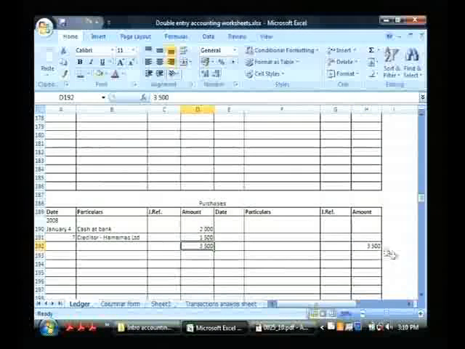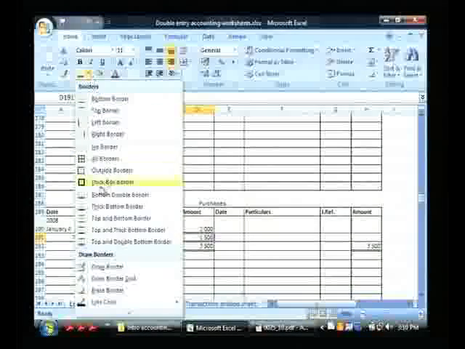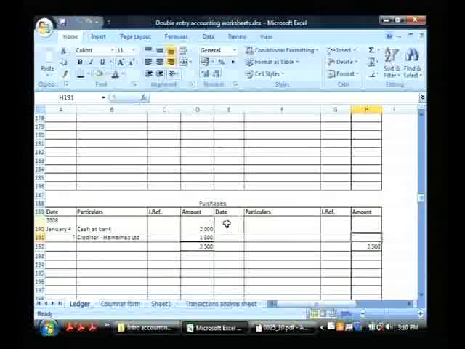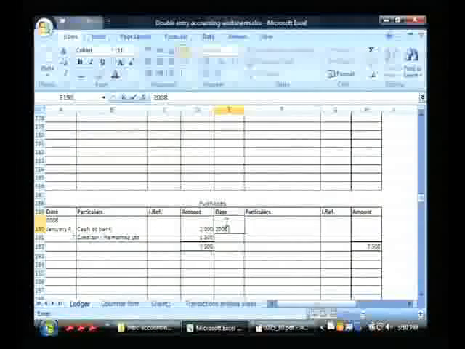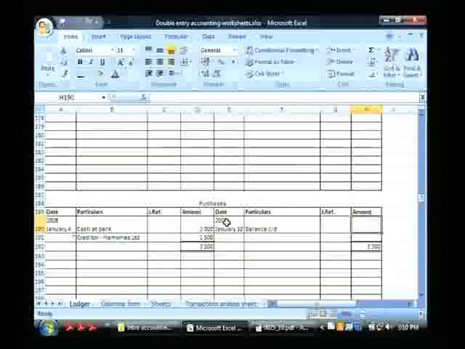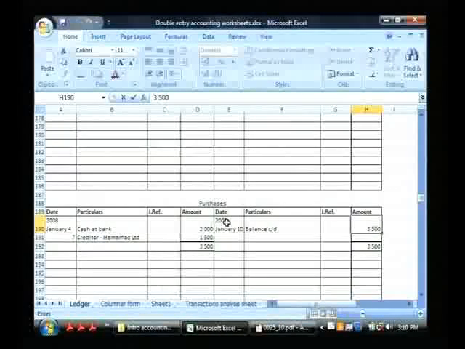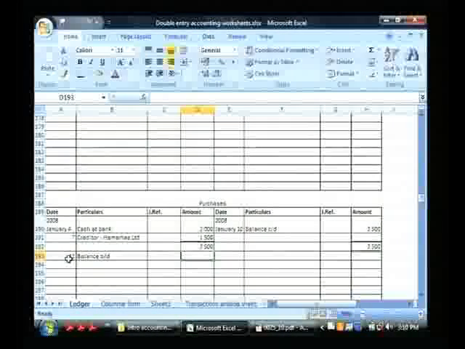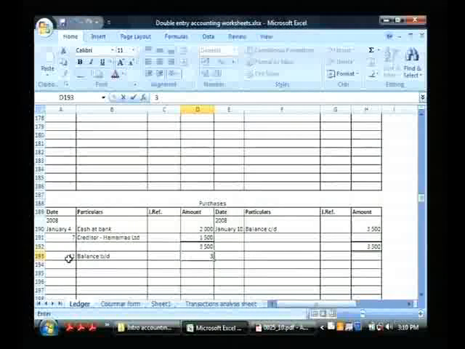Then total, 2008, January 10th, balance carried down 3,500. 11th, balance brought down 3,500.